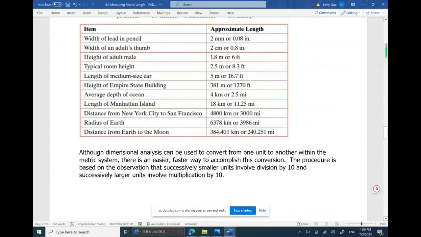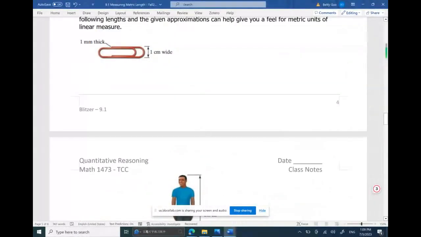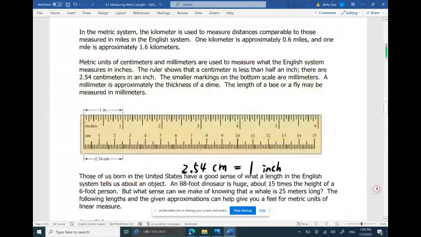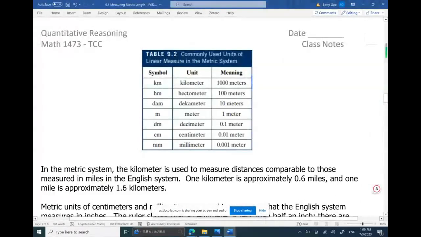Okay. So what if we are converting units within the metric system? One advantage of the metric system is that units differ by a power of 10. I think it's kind of useful to know the metric prefixes.